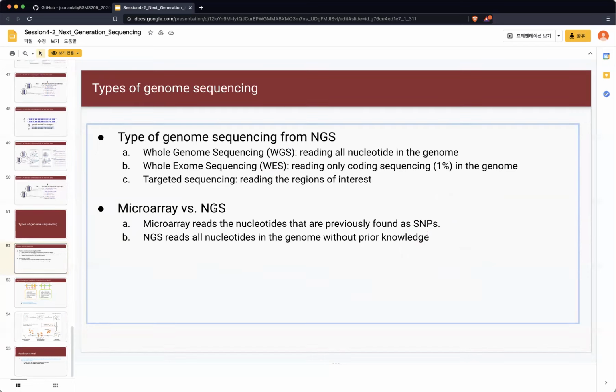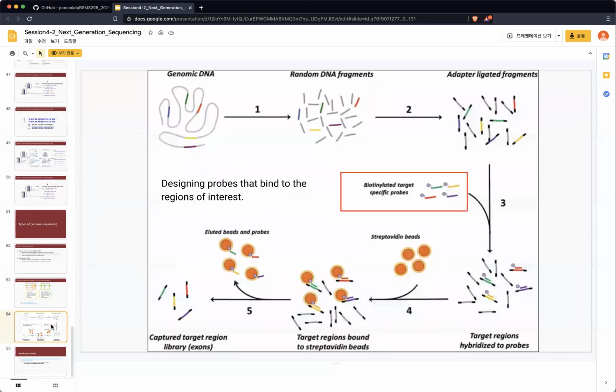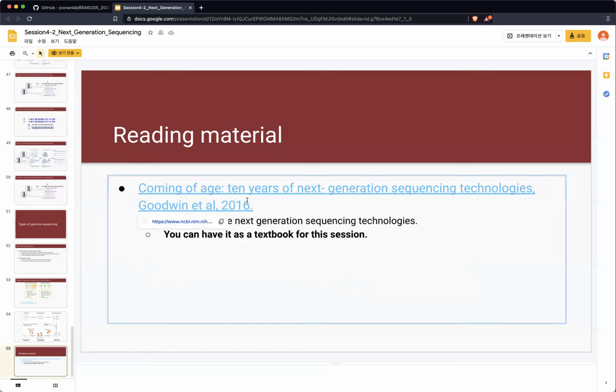And the difference between microarray and NGS is that microarray detects SNPs while NGS gives the entire readout, which we learned previously, and those are all the same things. Okay, so this is all good. And the review I used here is from 2016. So this is for your textbook for the session.